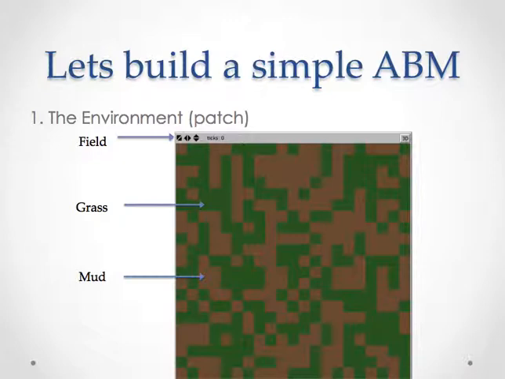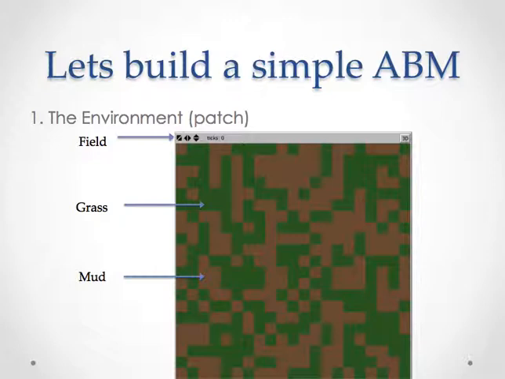The first thing you need in an agent-based model is what's called the environment, or the patch. If you use NetLogo, it's called the patch, I think, which is the most popular agent-based modelling tool. So this is my very simple environment.